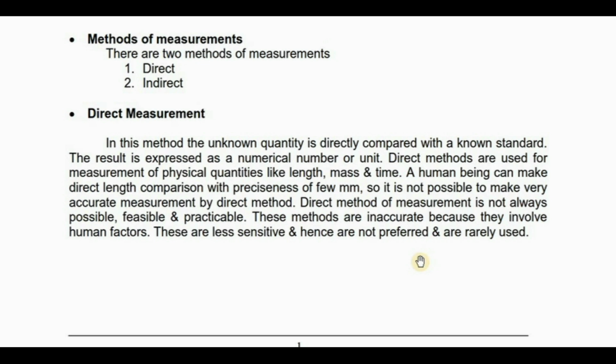We have a particular scale on which the length is marked with markings like millimeter, centimeter or inch. We simply take that scale near the stick and compare it. Here we are directly comparing the stick length with the known scale. So this method is an example of a direct measurement.